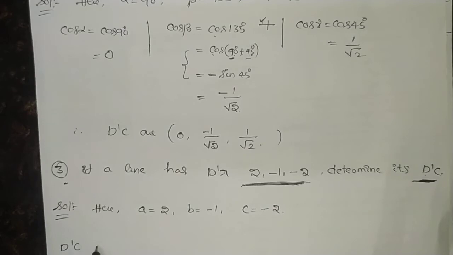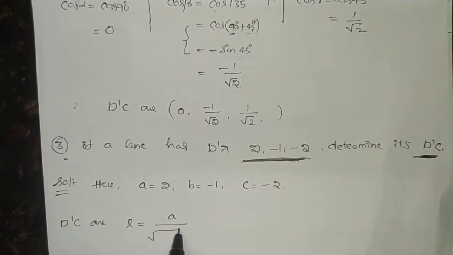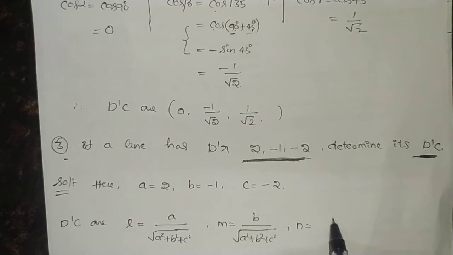Direction cosines are l equals a divided by square root of a square plus b square plus c square, m equals b divided by square root of a square plus b square plus c square, n equals c divided by square root of a square plus b square plus c square.